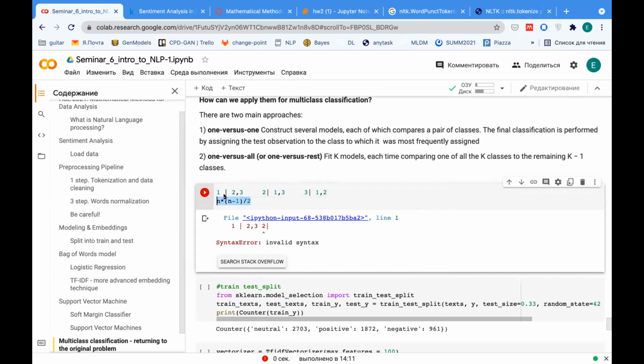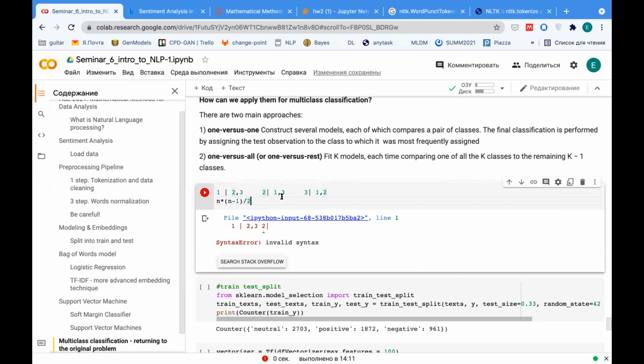But sometimes it can be better than one with all, since we don't need to train our model on the whole data set, we just take separate classes, and in the one with all case we work with the whole data set.